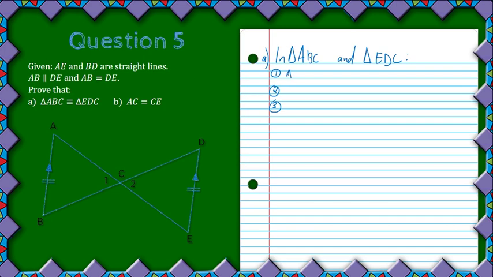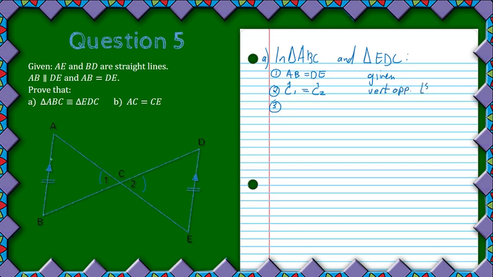So I can state that AB is equal to DE. That's already given. Then these two angles are vertically opposite from each other, so they are also equal. That means that angle C1 is equal to angle C2, vertically opposite.